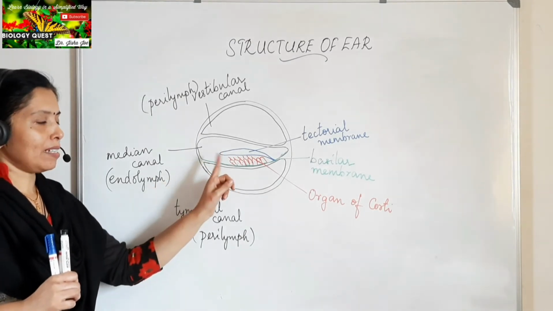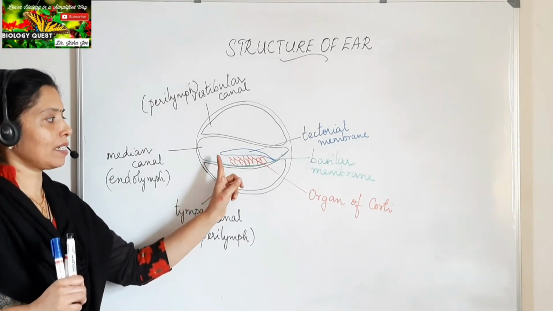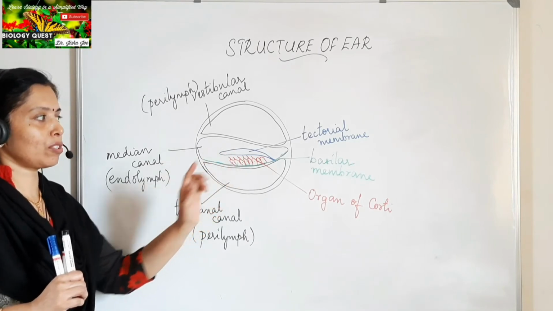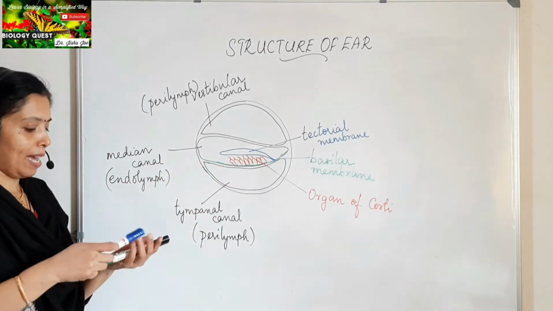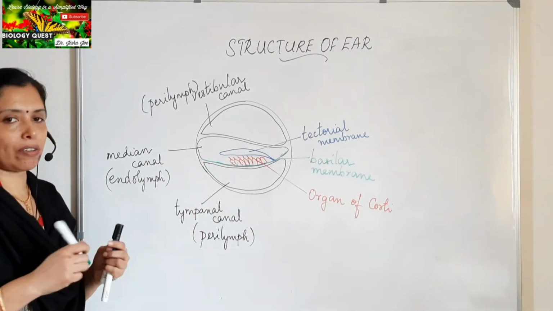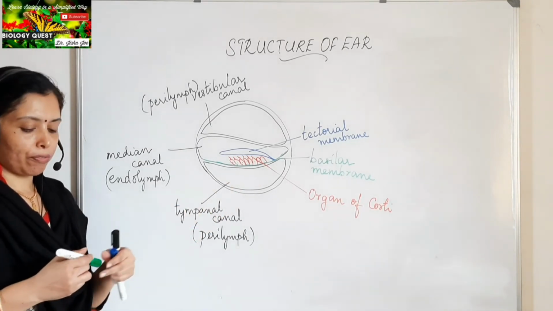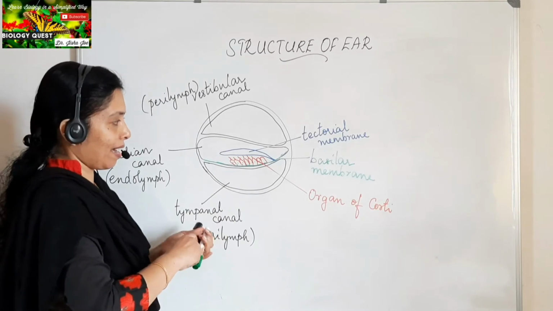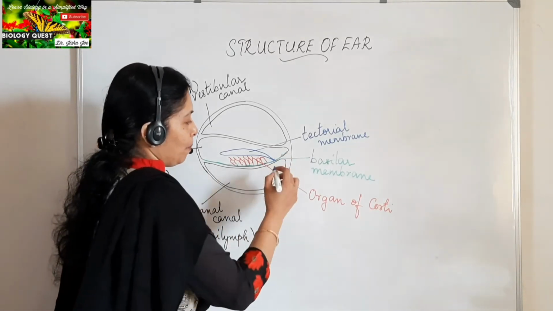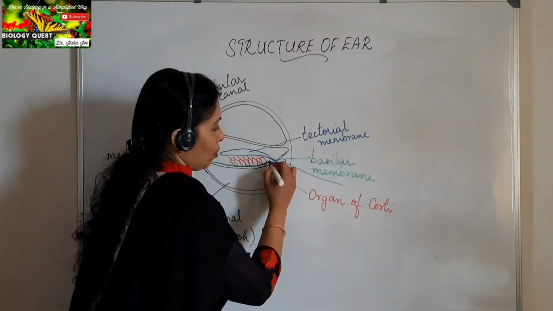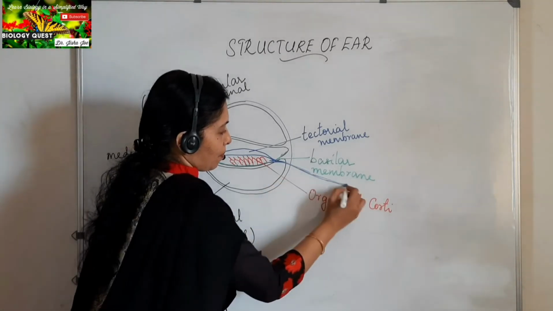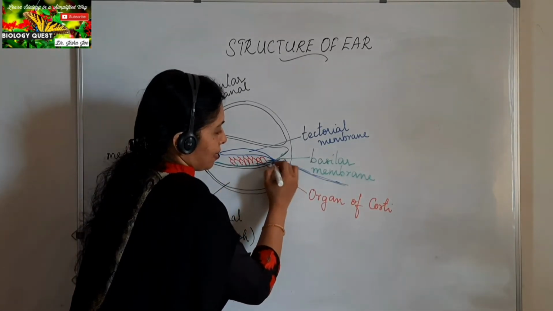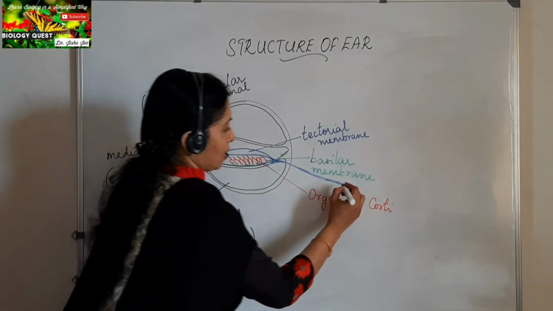As the hairs get stimulated, this stimulation is passed on to the tectorial membrane also. And from these sensory cells of hearing, the organ of Cochlea, arises the auditory nerve. The auditory nerve arises from these sensory cells. That is the auditory nerve.